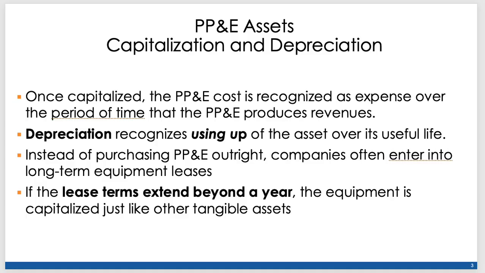However, from an accounting perspective, you can see in the last two bullets on the slide, when a company chooses to enter into long-term equipment leases, that long-term defined as extending beyond a year, then that equipment is capitalized just like other tangible assets in conceptually the same way as if a company actually owned them, right? Because those kinds of assets are typically treated for accounting purposes in very similar ways, as if they were actually outright owned. And so we still approach them as capitalized assets subject to depreciation over its useful life.